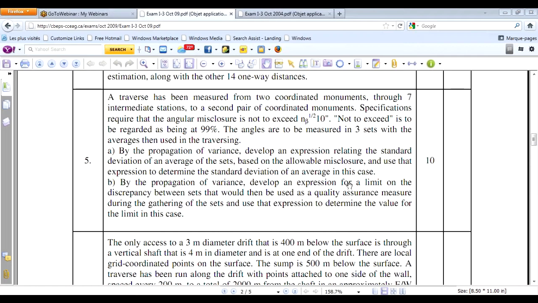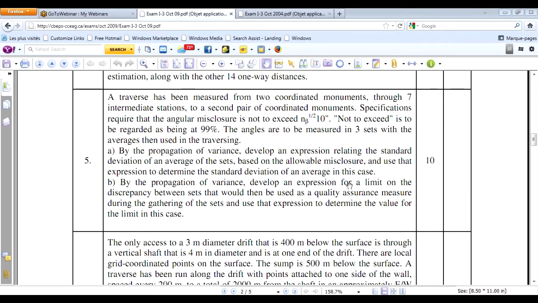deflection uncertainties together by the number of angles that there are. So if there are 7 intermediate stations, there's an additional angle at each end to make the connection either off or back onto the coordinated markers. So that means there's 9 angles. So there's a factor of root 9 there. And equate the sum into the limit and rearrange it to get the value for sigma beta.